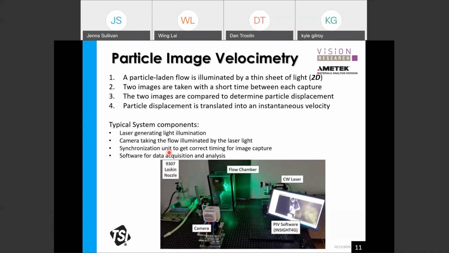Then there's a synchronization unit, which essentially sets up the timing between the laser illumination and the camera image captures. And then the software does the acquisition plus the analysis of the images to give you the velocity field.